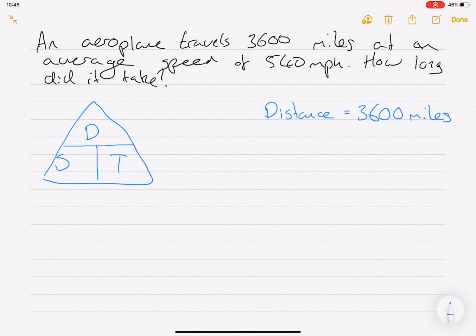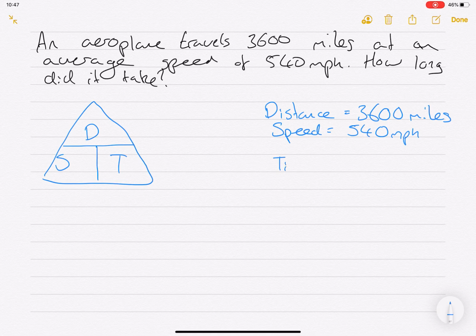And we've been told speed as well. So speed is equal to 540. And notice how it's in miles per hour and the distance is in miles. So our units match. So we're happy to proceed.